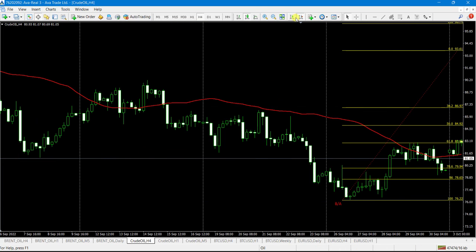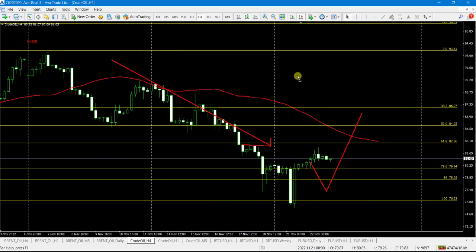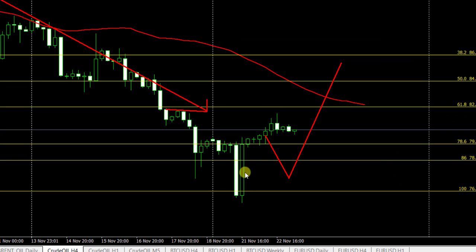So again here, we're looking for a test of this low followed by a rally. We don't have that yet. I can remove this. This is what we were hoping for. We're still looking to see if price will just blip down a little, test that candlestick formation, and then rally on up.